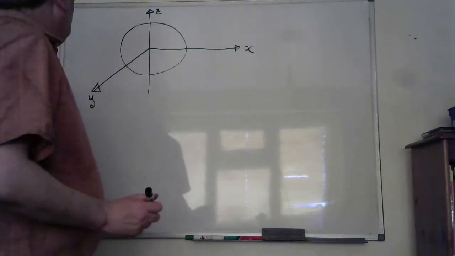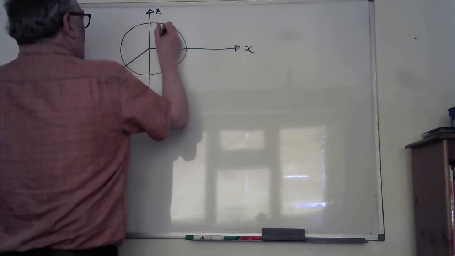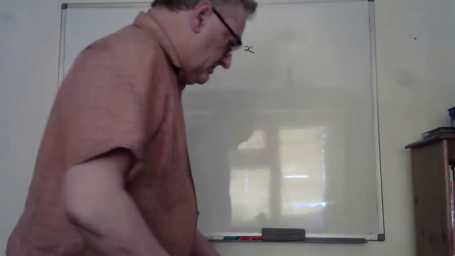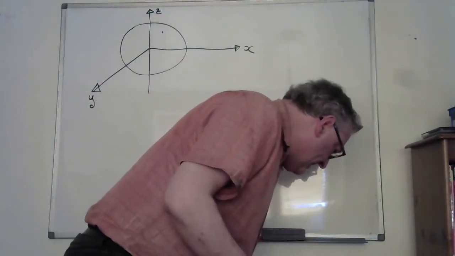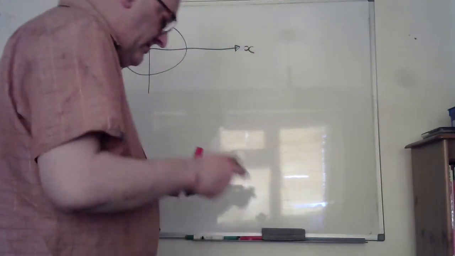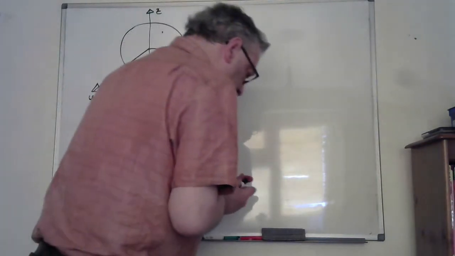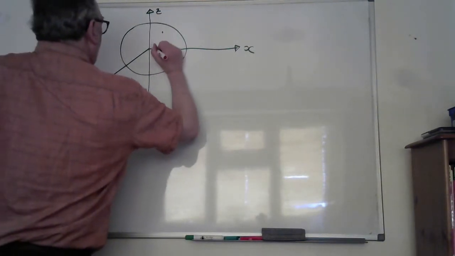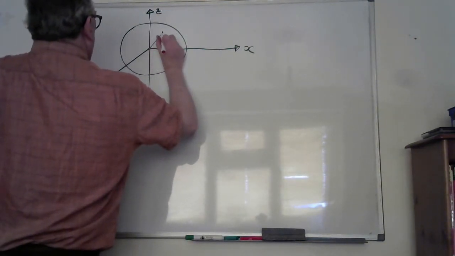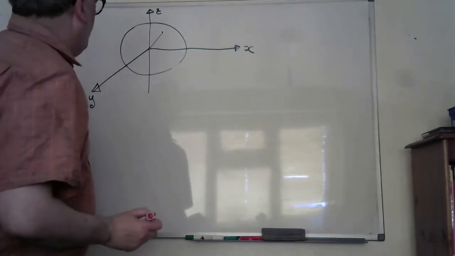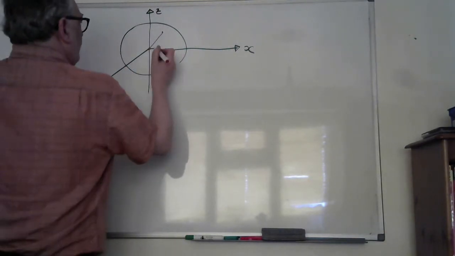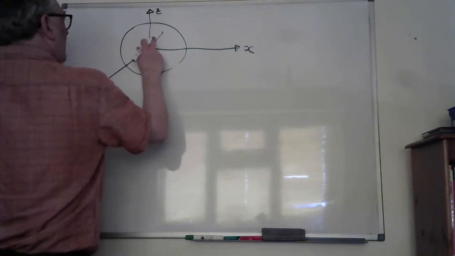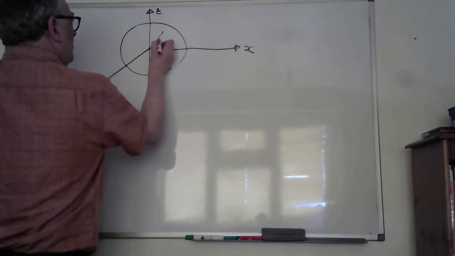Now, we take a point on the surface of the globe, and if my pens haven't dried up, I should be able to draw a coloured line. So we'll draw a red line joining the centre of the Earth, or the origin if you like. We'll draw the rho there.